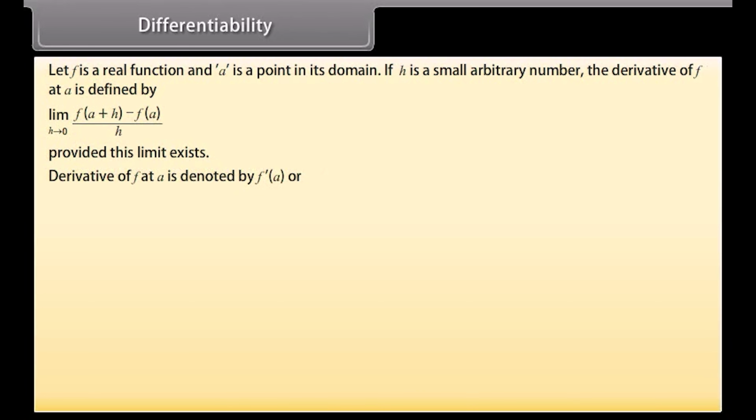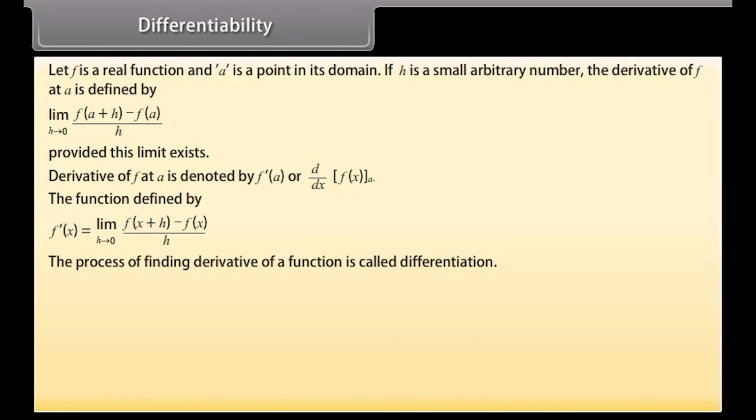The derivative of f at a is denoted by f′(a) or d/dx of f(x) at x = a. The function defined by f′(x) = limit as h approaches 0 of [f(x + h) − f(x)]/h. The process of finding the derivative of a function is called differentiation.